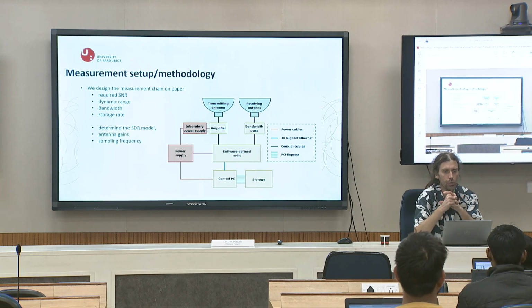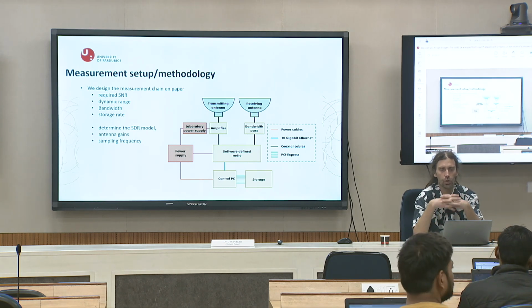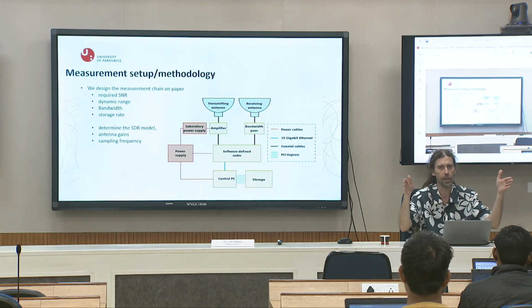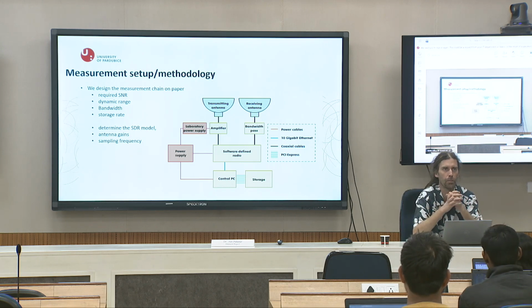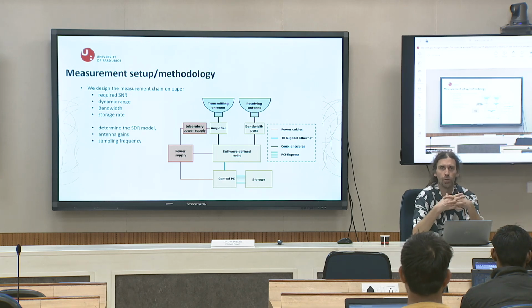Then you also need to evaluate the storage rate, because with higher and higher bandwidth, the storage rate in megabits per second increases rapidly, and you may figure out that even an SSD drive is too slow and you need to think about a different solution for how to record this data.